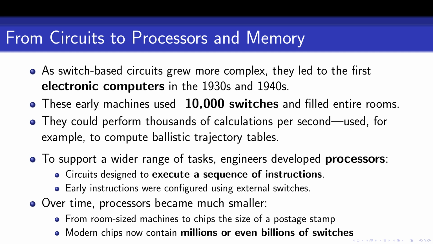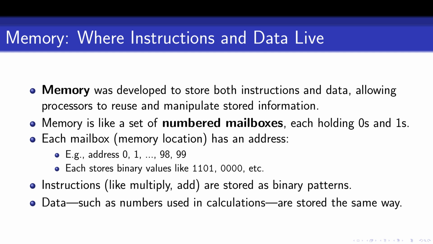These processors are designed to execute instructions rapidly, using internal circuits to fetch, decode, and perform each operation. This evolution in hardware made computers faster, smaller, and more accessible, paving the way for the modern devices we use every day. To understand how programs run, we also need to understand memory.